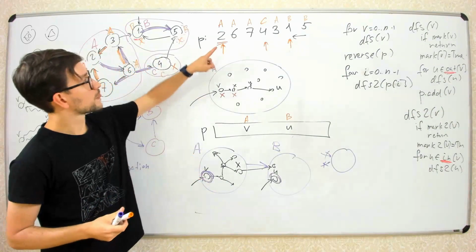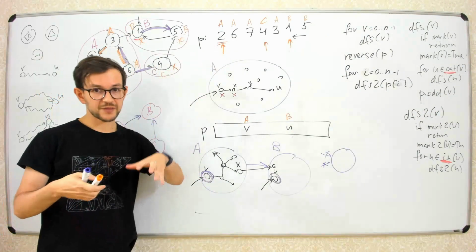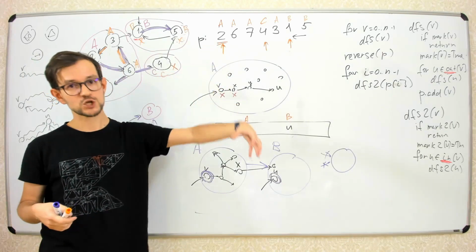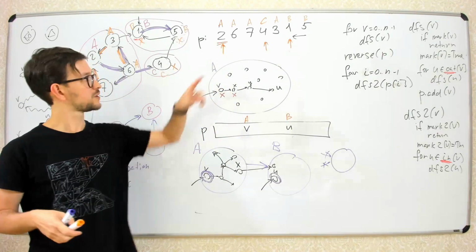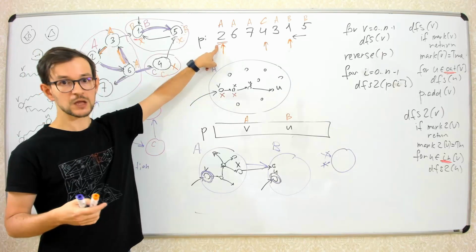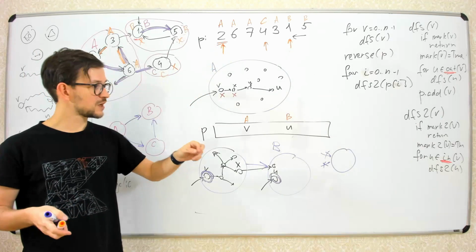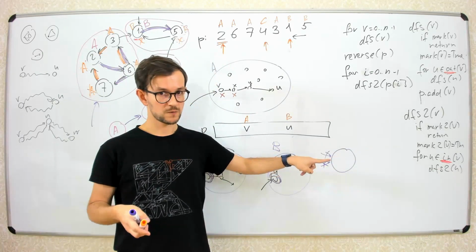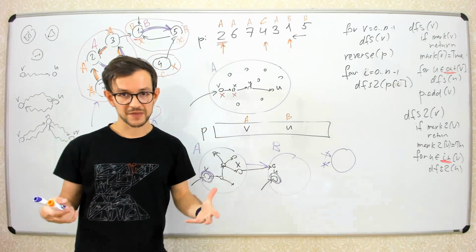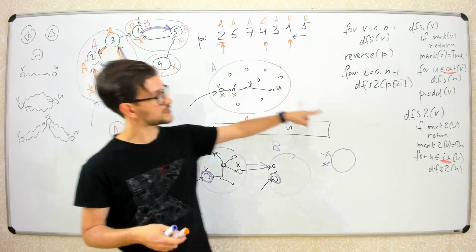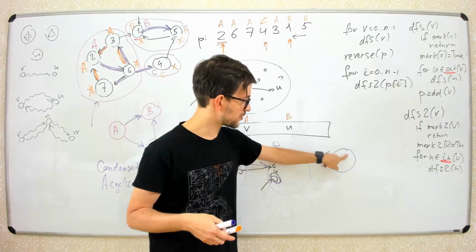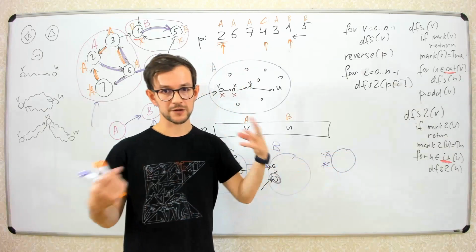And now what do we do? We try to find everything, all the nodes from which you can enter this leftmost node. You will find everything inside this strongly connected component, but you can't find anything else because your second DFS goes on the reverse graph, and from this connected component you can't go anywhere.